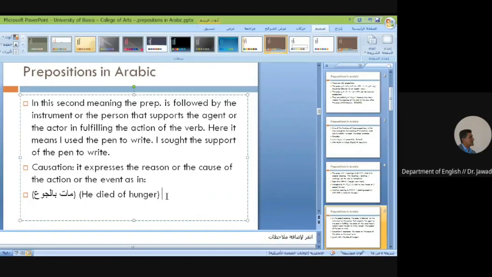Here it means what? It means I used the pen to write. I sought the support of the pen to write.